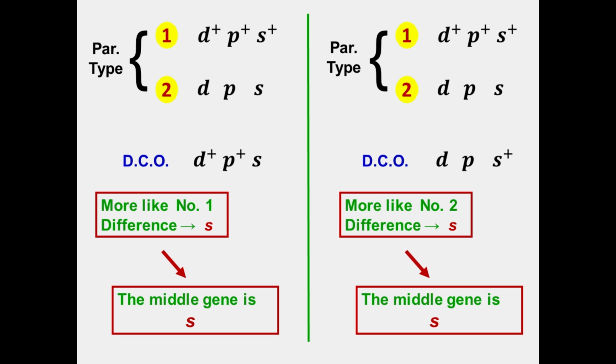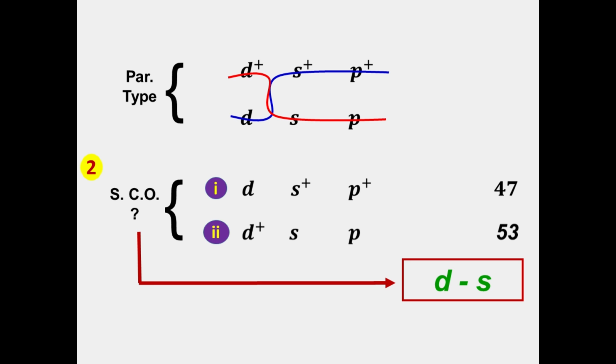After determining the middle gene, we rearrange the parental type chromosomes to place the gene S in the middle. To construct a genetic map, we need to calculate the distance between genes D and S, and genes S and P. Let's identify the single crossover regions for groups 2 and 3. Here, the parental chromosomes are shown with the corrected gene order.